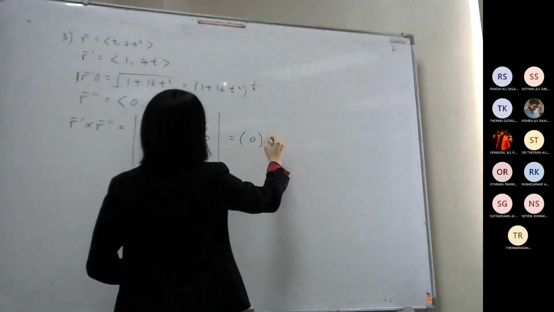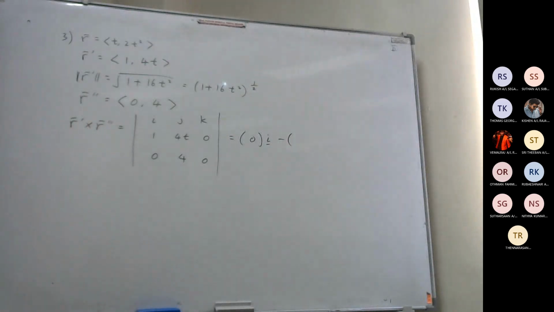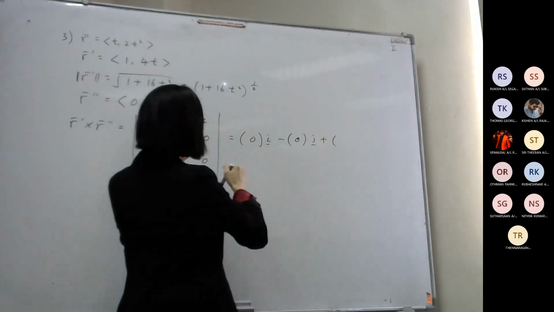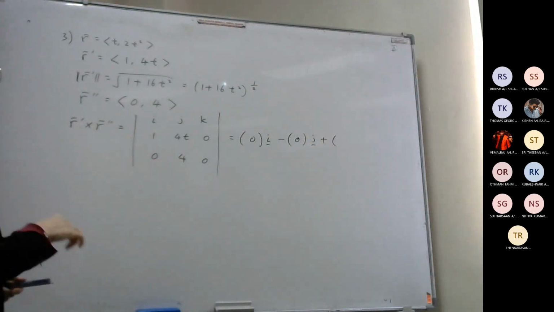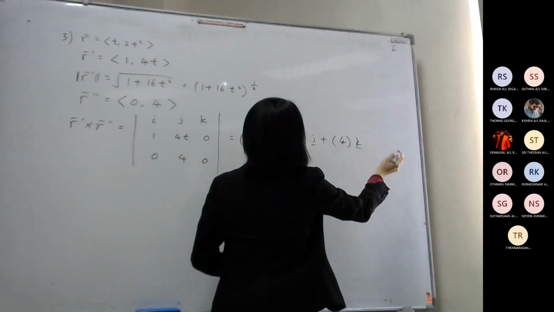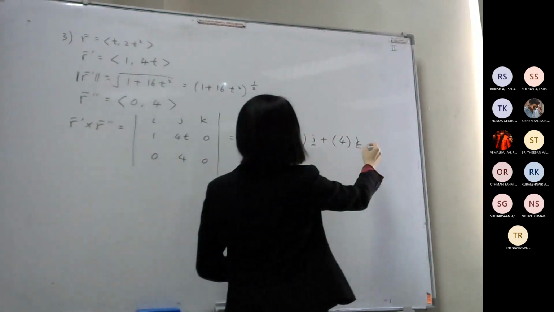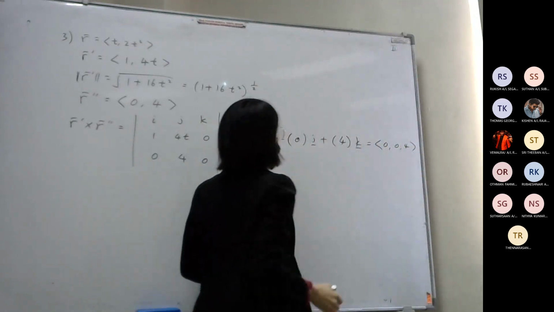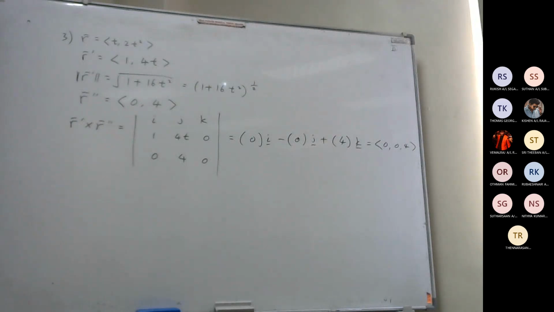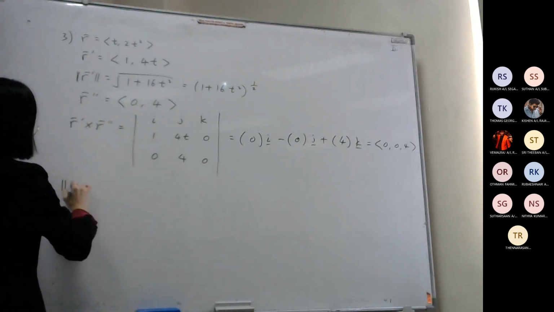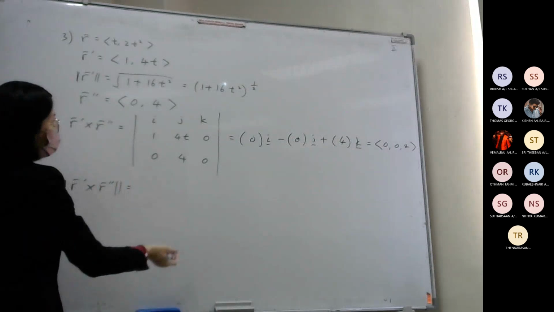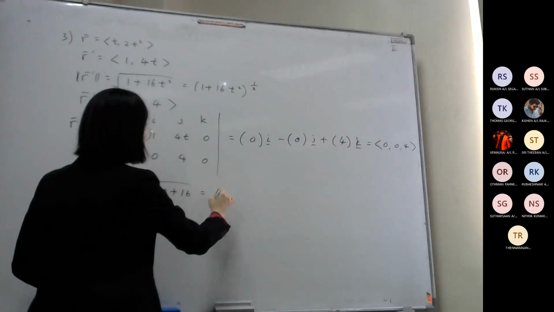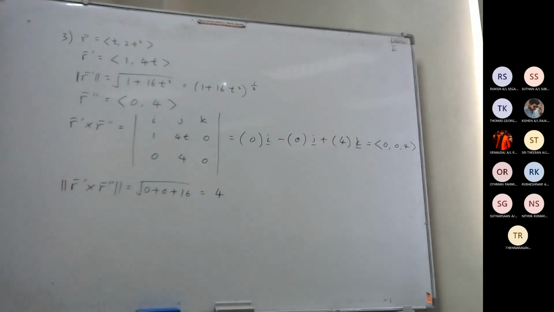Of j? 0 as well. Of k? 4. So this is 0, 0, 4. The magnitude is the square root of 0 plus 0 plus 16, which is 4.